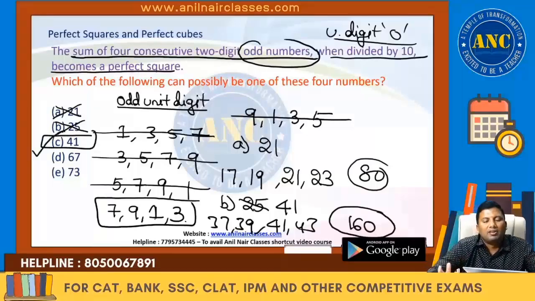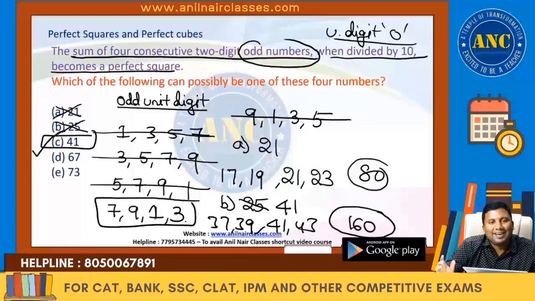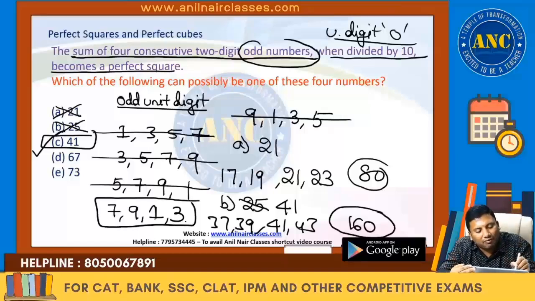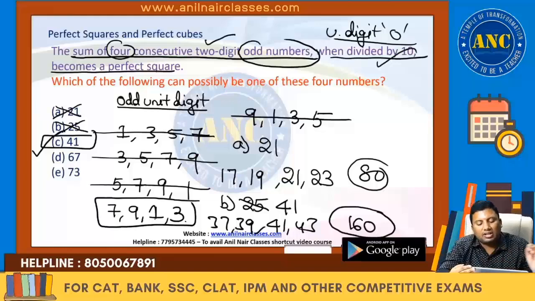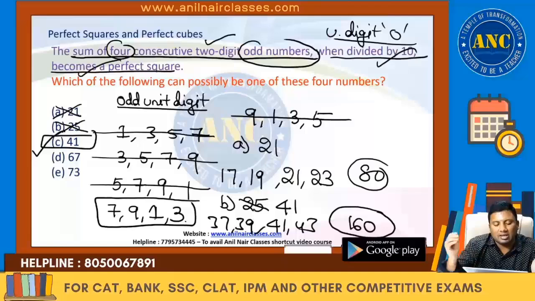Beautiful question which shows you how to remove the incorrect values just based on conditions. First he gave 4 consecutive 2-digit odd numbers. He said that when the sum is divided by 10, the answer is a perfect square. 1357 is one value, 3571. It is not necessarily starting with 1.